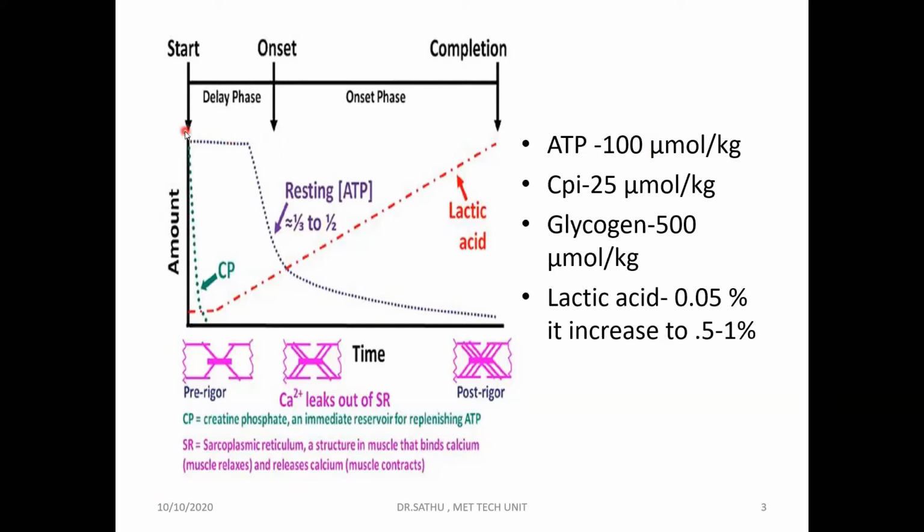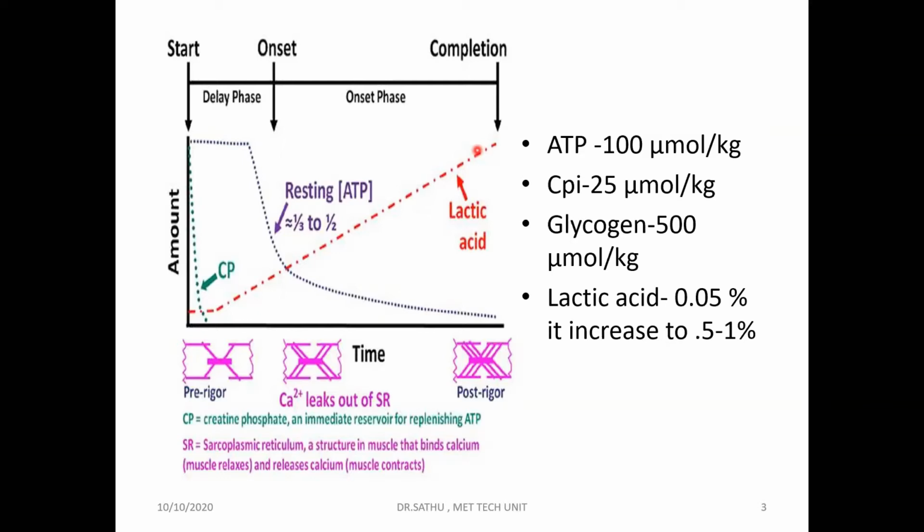In the muscle, energy is stored in the form of glycogen. During anaerobic glycolysis, the glycogen will be converted into lactic acid. If the glycogen content is higher, the quantity of lactic acid formed will be higher. In normal muscle, the glycogen content is normally 1%.